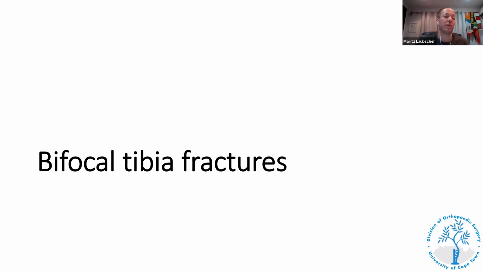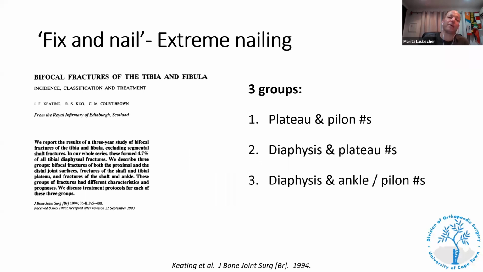So this is either a plateau fracture with a shaft fracture, or a shaft fracture with a pilon fracture, or a plateau and a pilon on the same leg. Again, this is historically very complex injuries to treat, and with 4th generation nailing, it's also safe to nail these, and this is where we refer to the so-called fix and nail technique.